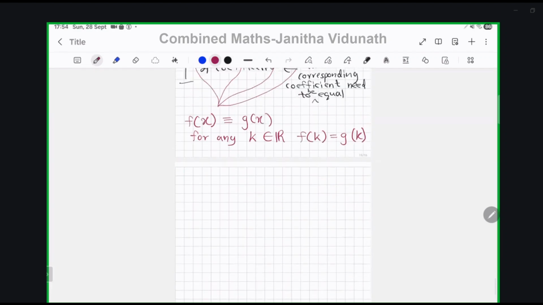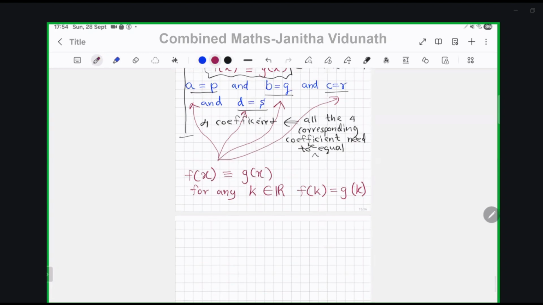Likewise, if f(x) and g(x) polynomials are identical, then if we replace the x value with the numerical value k, those two also need to be equal.